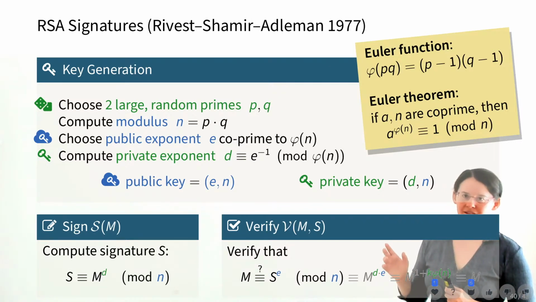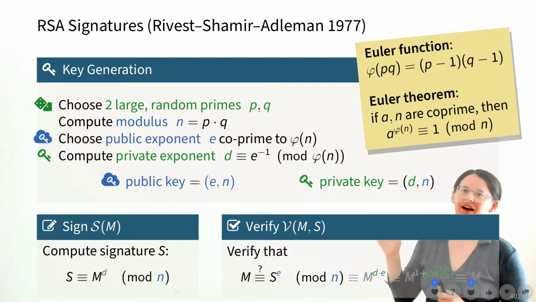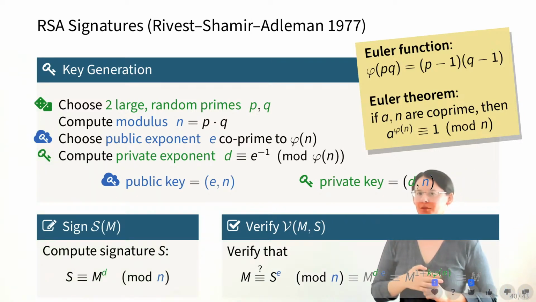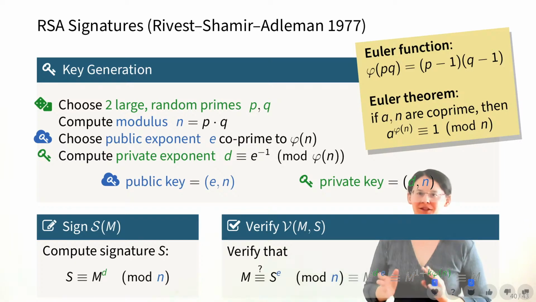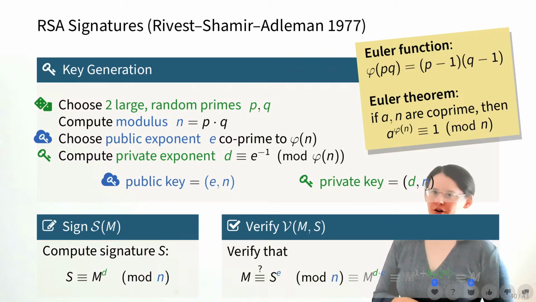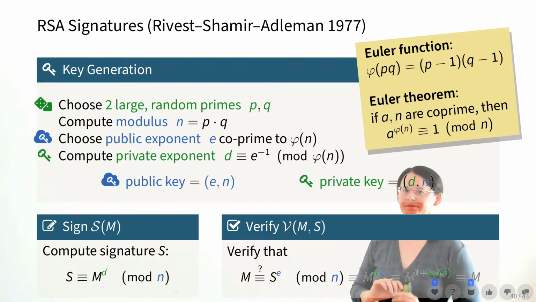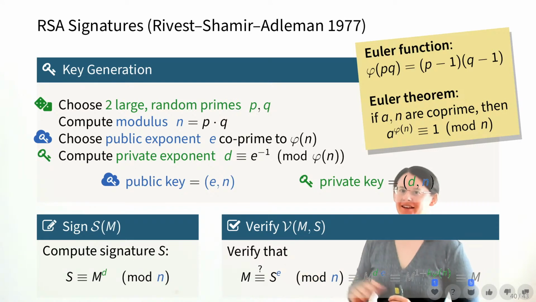The fact that the RSA signature scheme looks almost exactly like the RSA encryption scheme is why people sometimes get mixed up about the terminology. So they use terms like encrypt and decrypt for signatures, but please don't do that. They really should be called sign and verify.